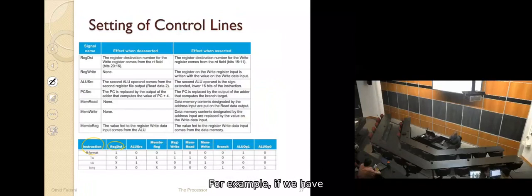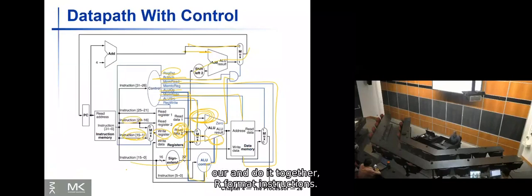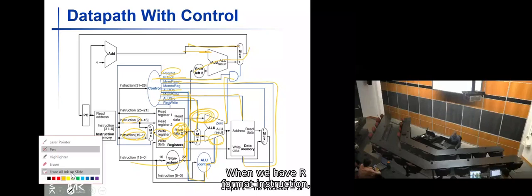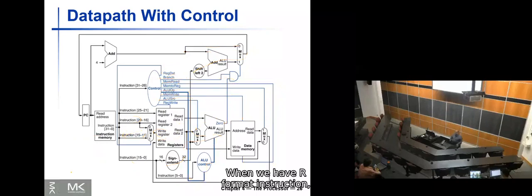For example, if we have an R format instruction, let's come back to R format and do it together. When we have an R format instruction, what would be the select for this multiplexer? I'll show you.